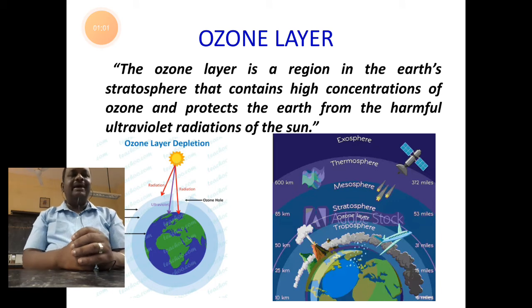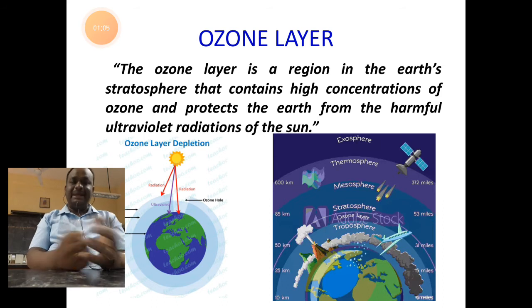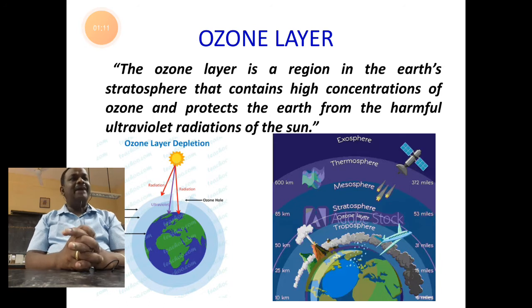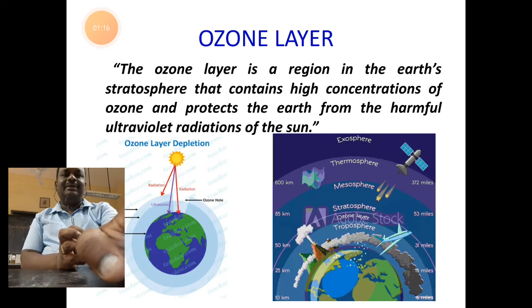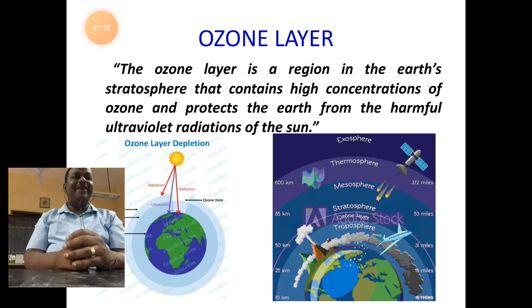When we look at our solar system, it consists of many planets, but life exists only on our mother planet Earth. There are many favorable factors that support life on Earth. One such factor is the presence of the protective ozone layer surrounding the Earth.